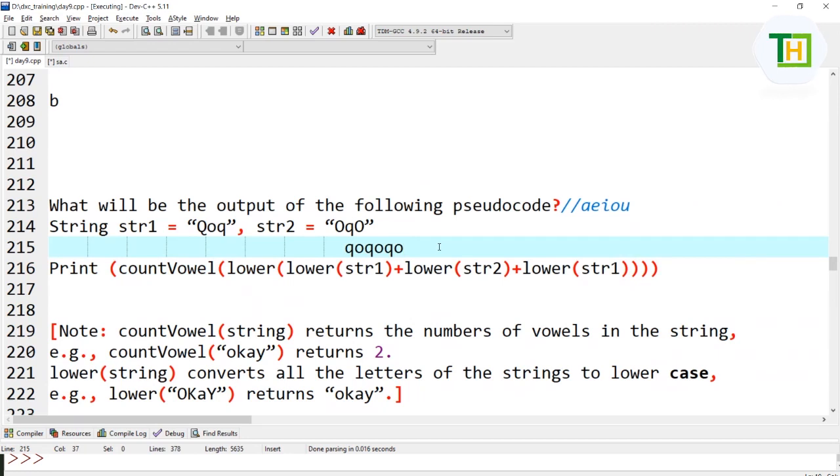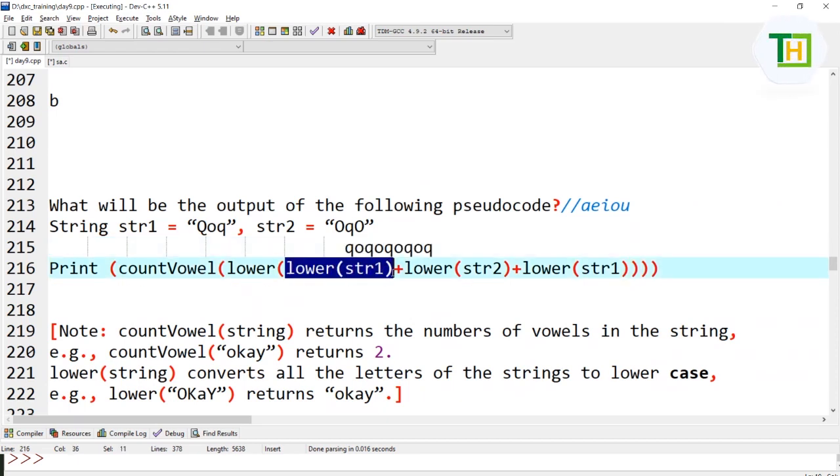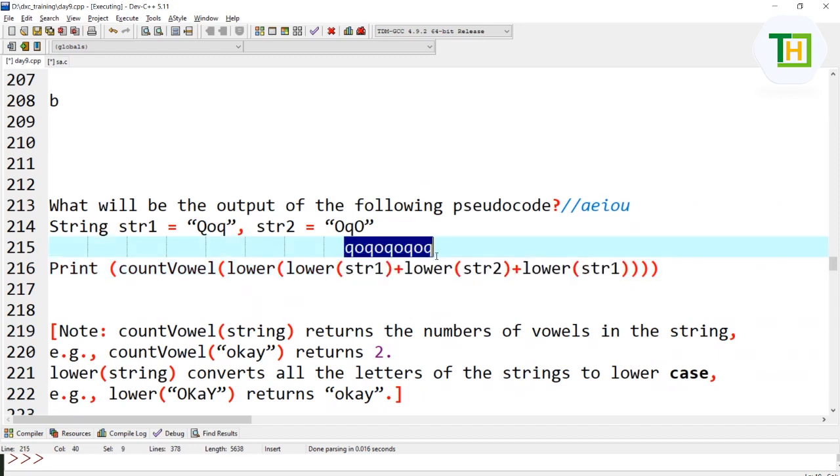That means here lower of str1 plus str2 plus str1 again. And how many vowels here? Again str, Q, O, Q. This is the string here. Then again we are going to lower it. That means these 3 are going to be added, and you have to find how many vowels are here.